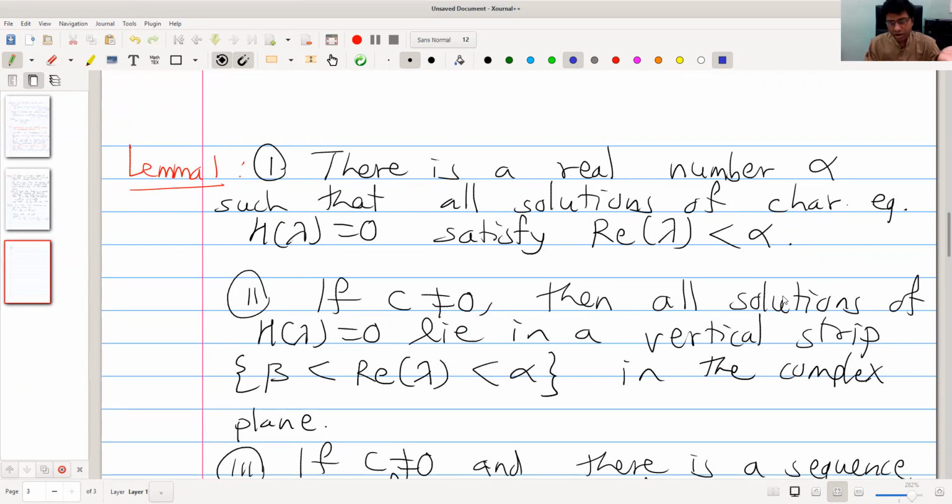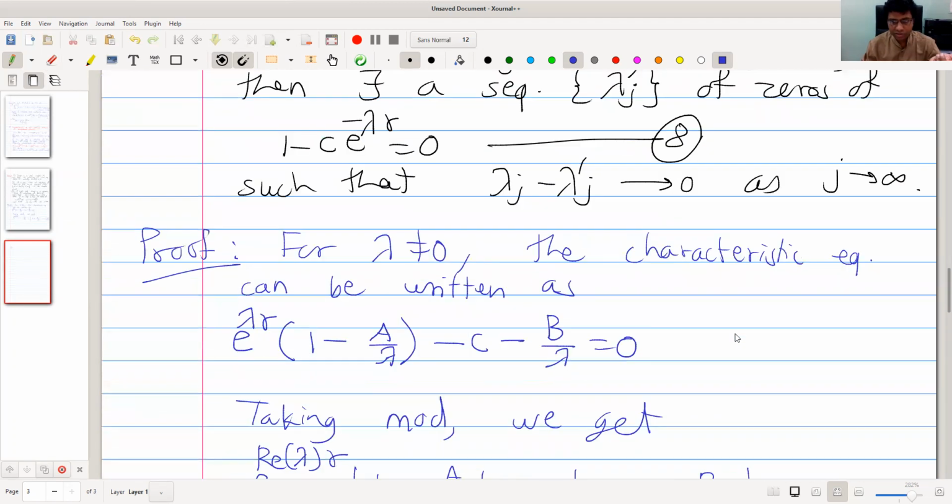It means that if we consider the roots of the characteristic equation, then the real part cannot be unbounded. There is some alpha such that real part of lambda is less than alpha. We prove this by contradiction.